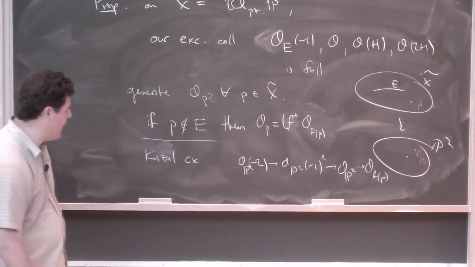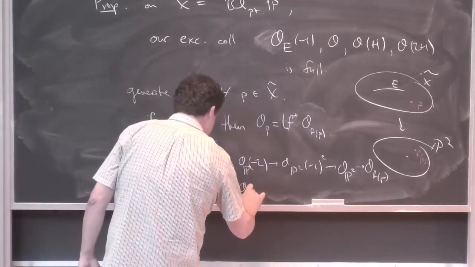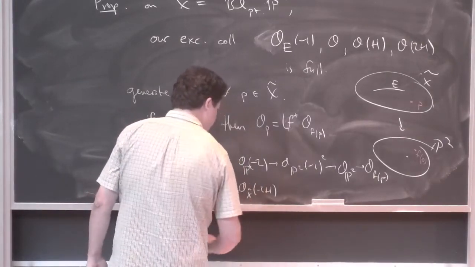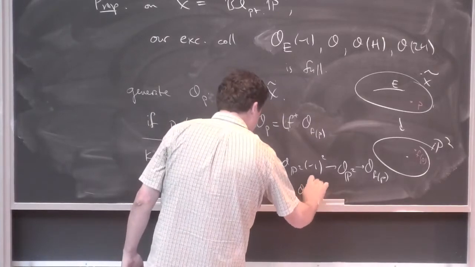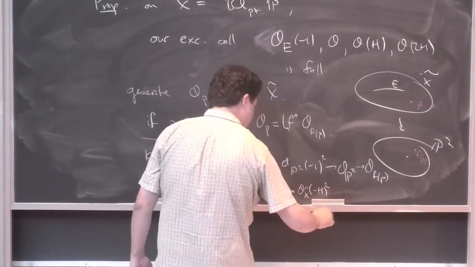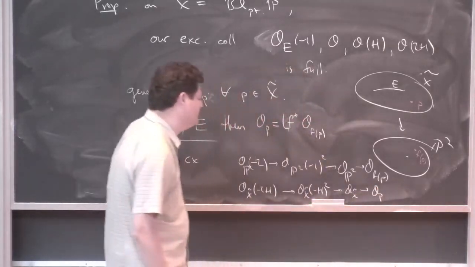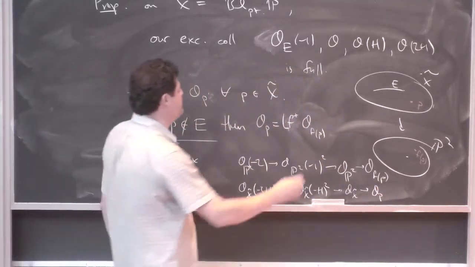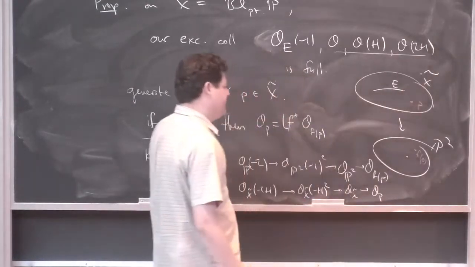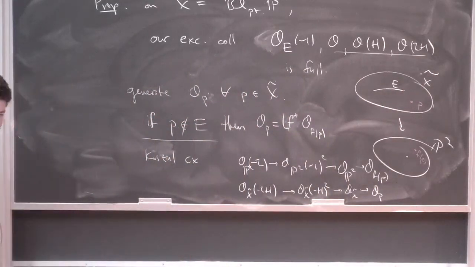And so when you pull that back, you get O_{X tilde}(-2H), and you get the idea. And so these three are enough to generate all the points that are not on the exceptional divisor.